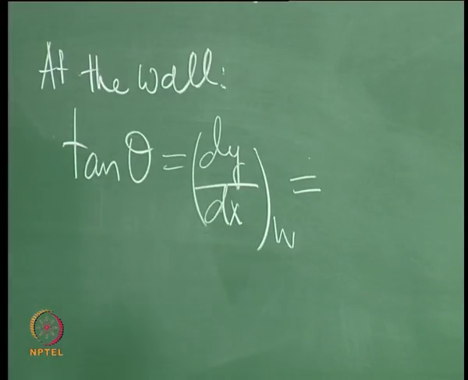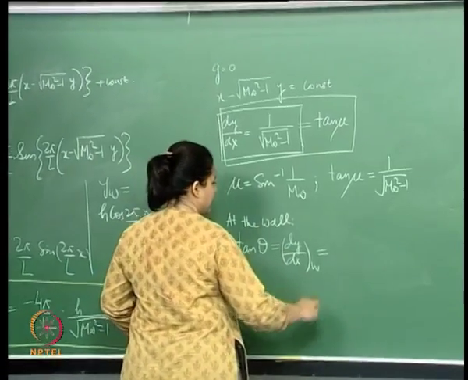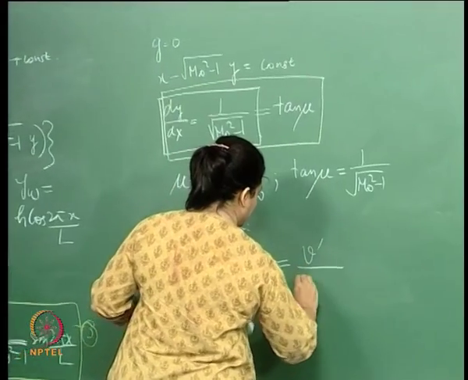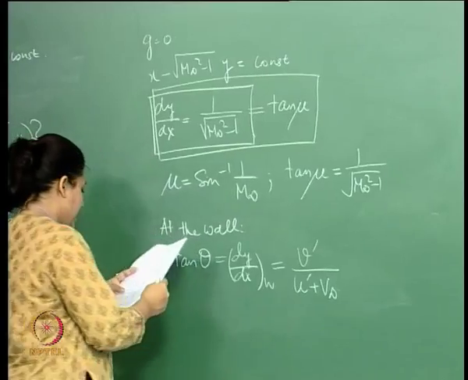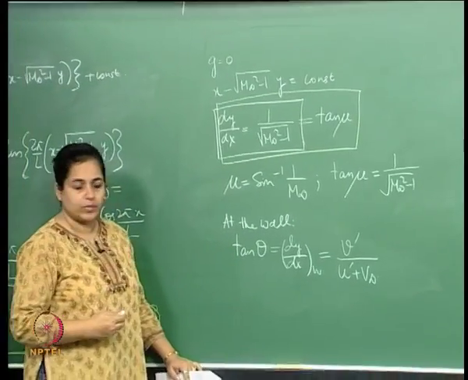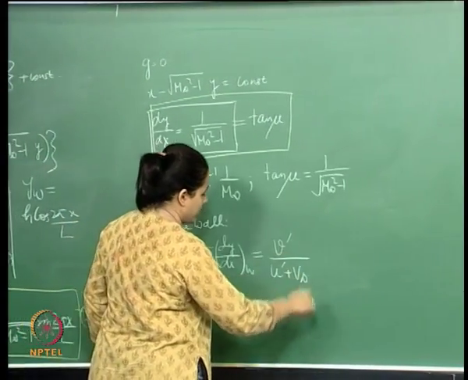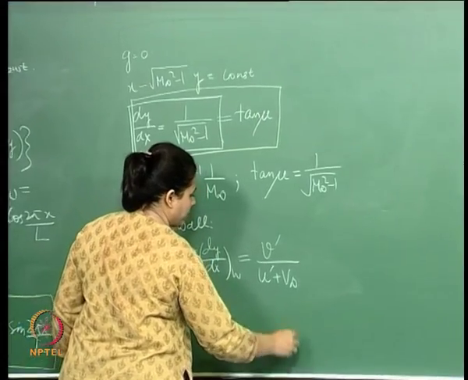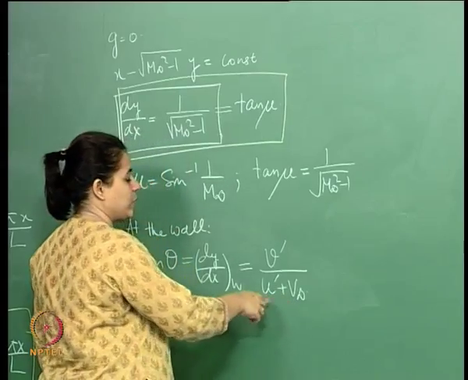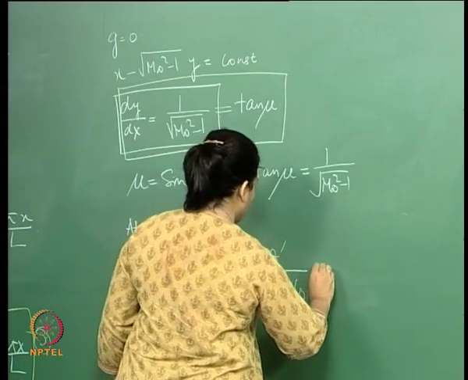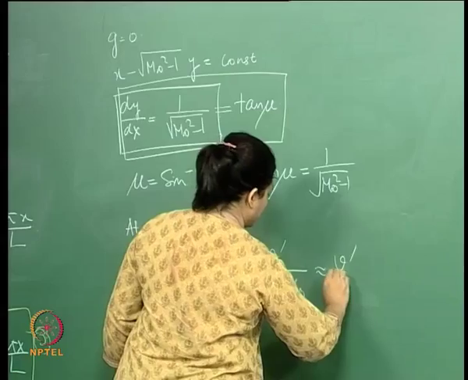So tan theta, dy by dx, is this, which we've done before, and taking small perturbation considerations, this is very small compared to V infinity. So what we get here is this.